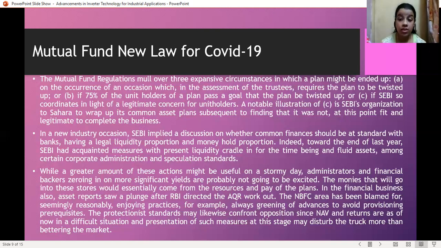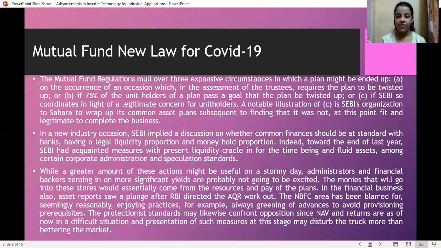Indeed, towards the end of last year, certain corporate governance and investment norms have been seen. So while a great number of these measures might be useful on a rainy day, managers and financial bankers zeroing in on higher yields are probably not going to be excited. The money that will go into these funds essentially comes from the assets and pay-offs of the plans. In the financial sector, asset reports also saw a plunge after the RBI directed the AQR exercise.